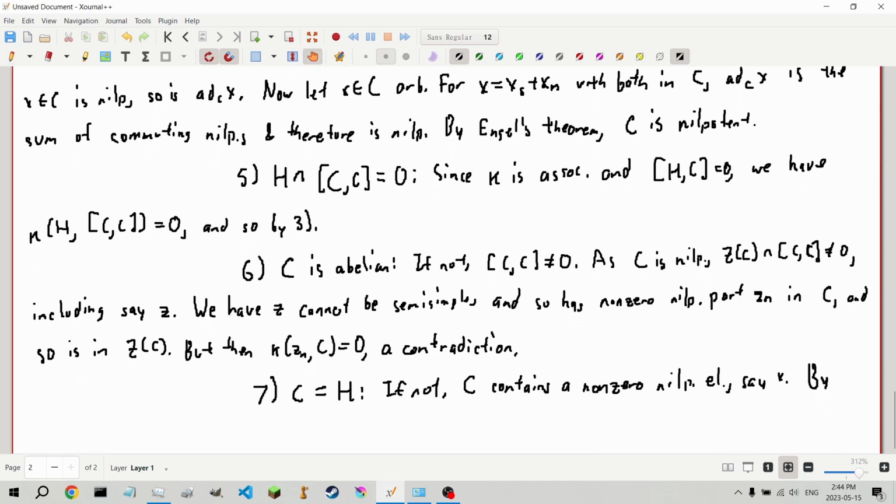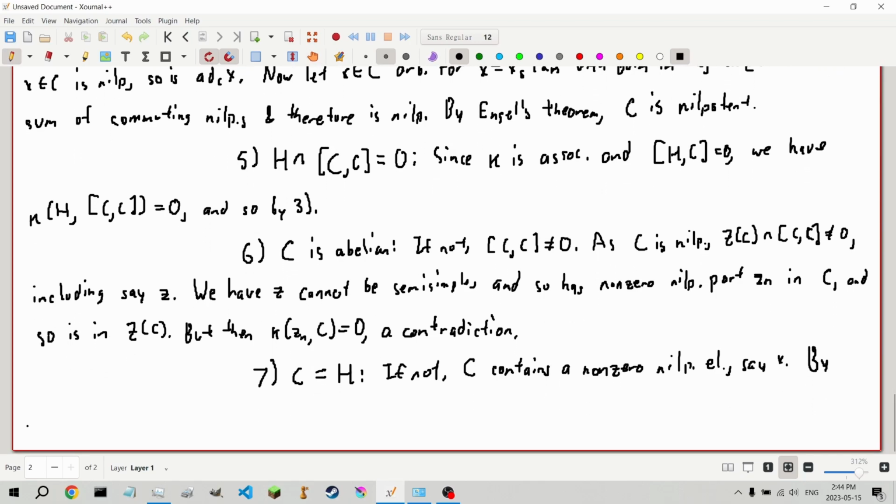By our preamble and our previous part 6, the Killing form of X and Y, which is the trace of the adjoints of X and Y, is 0 for all Y in C, a contradiction.